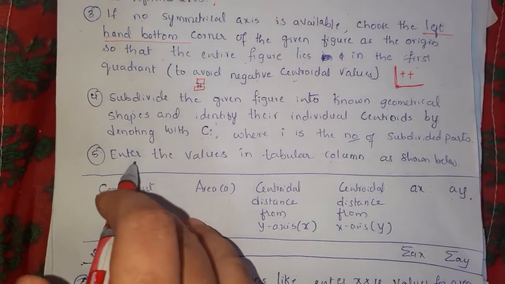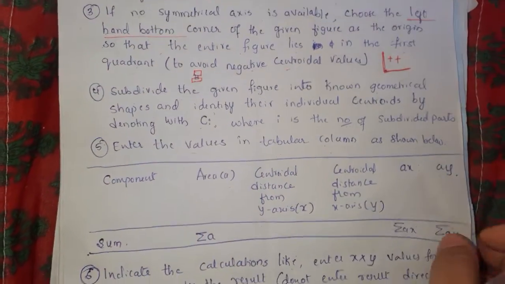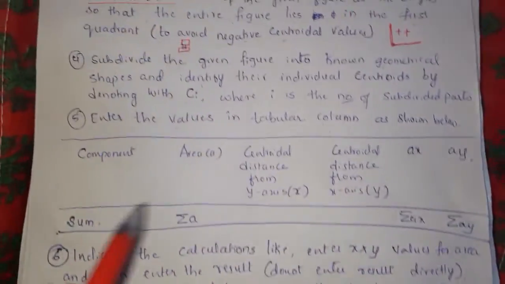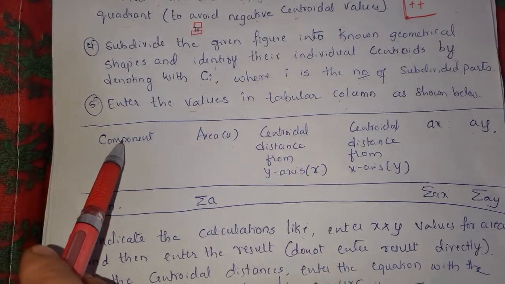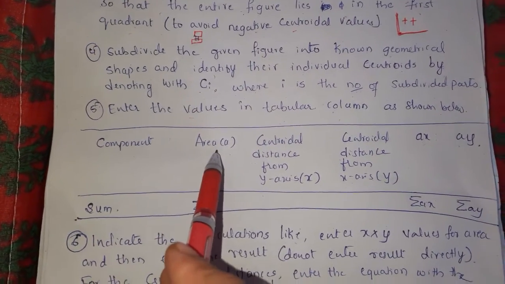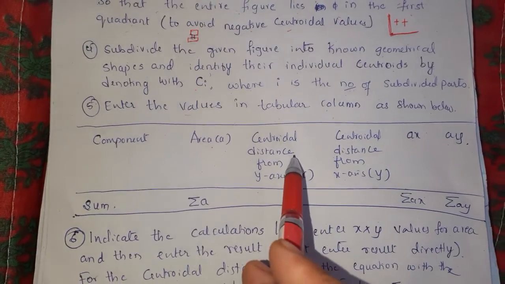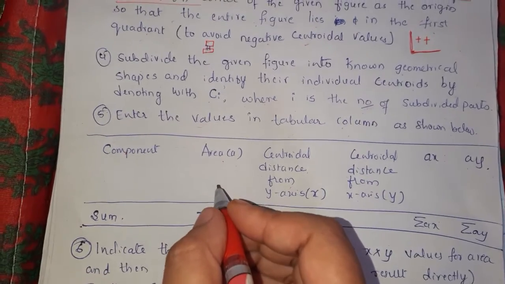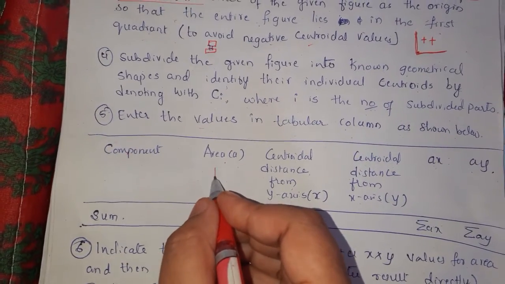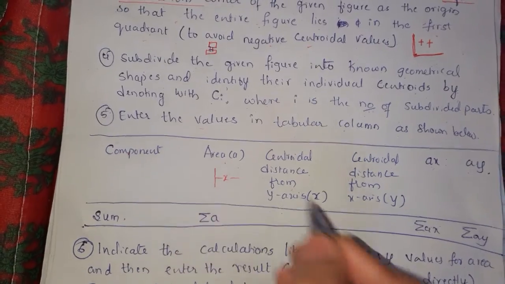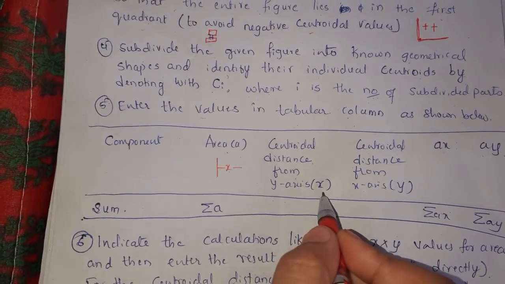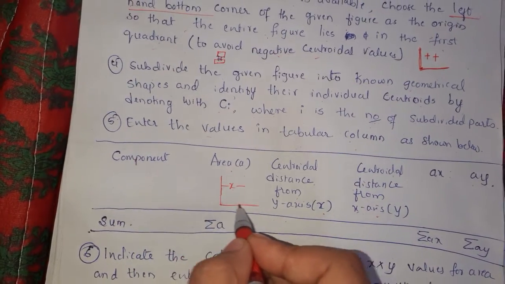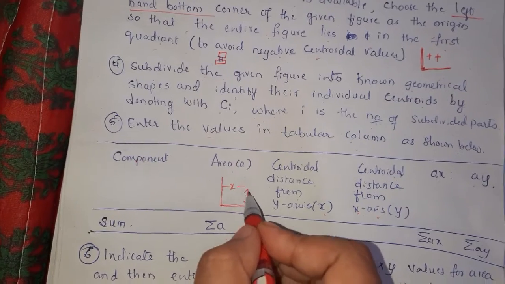Then enter the values in the tabular column as shown below. In that, the first column is component, the second one is area, the third one is the centroidal distance from the y-axis. Distance from the y-axis is always the x distance. Then the centroidal distance from the x-axis, which is always the y distance.